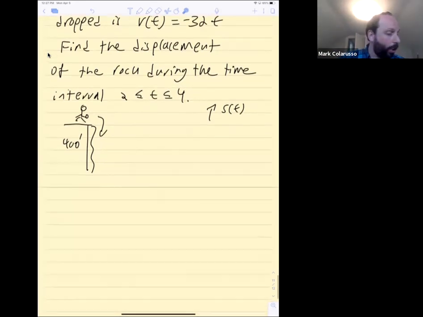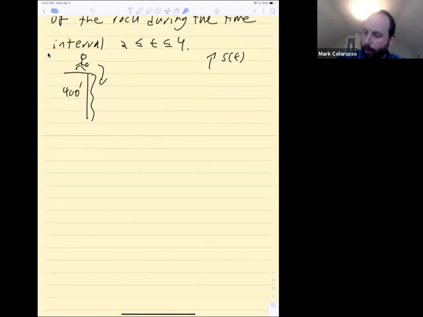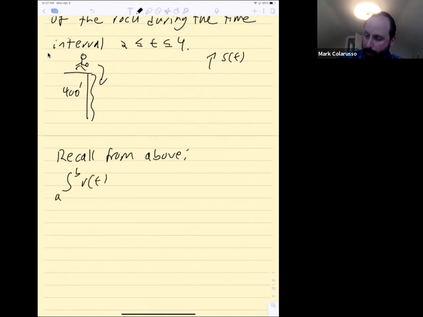Okay, so let's do this. Recall from above that if we want to find the displacement, we just take the definite integral of the velocity function, v of t dt, from a to b. That's s of b minus s of a.